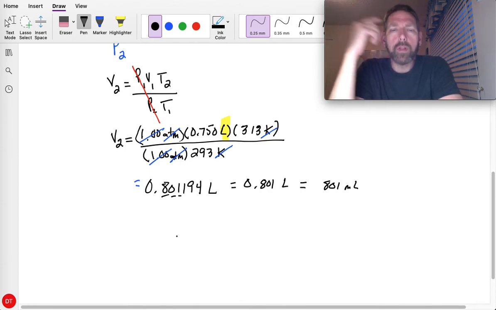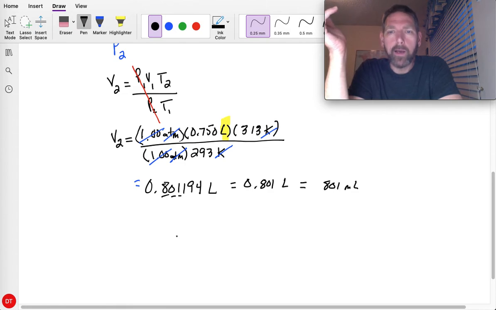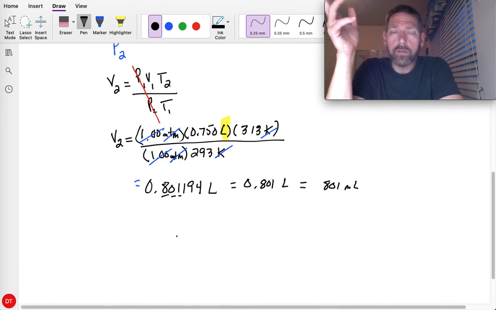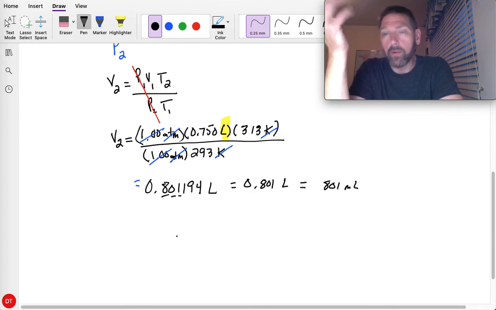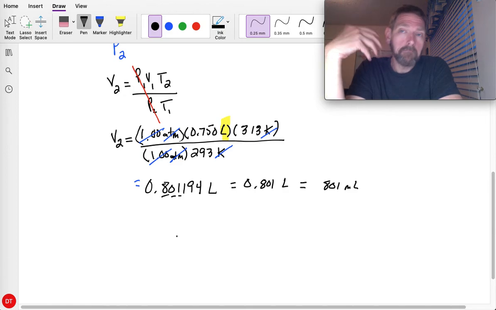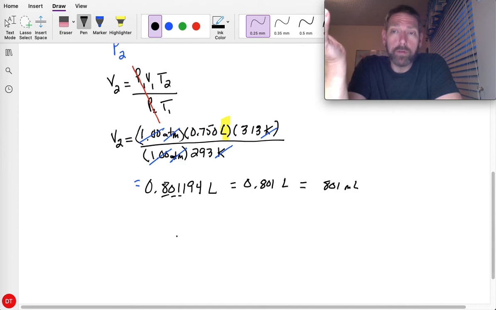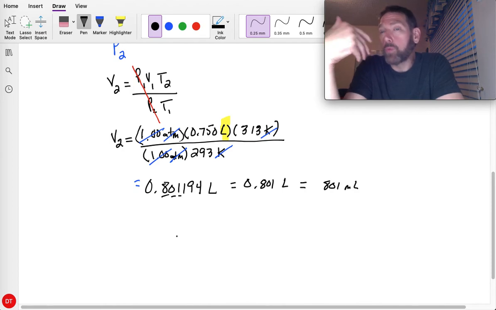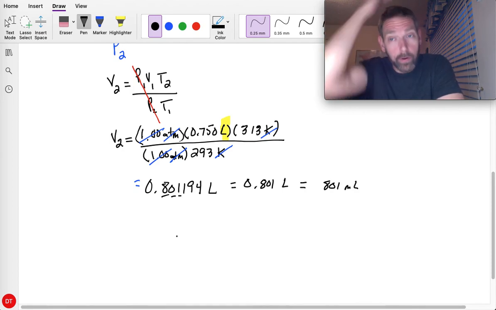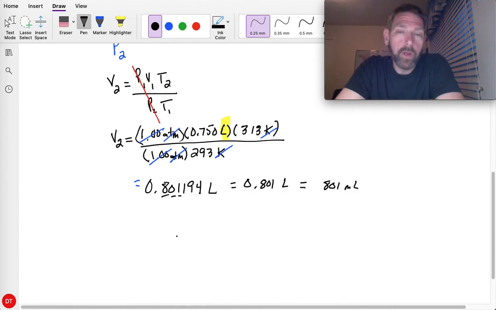So in a situation like this, we might say 801 milliliters of space is required for the changes of the condition for the gases, and depending on the integrity of the container, it may not be enough, and the container might burst or explode. Or it might not. It may be able to withstand that pressure for a certain period of time. It is a possibility. So that's about the best way we could answer this.